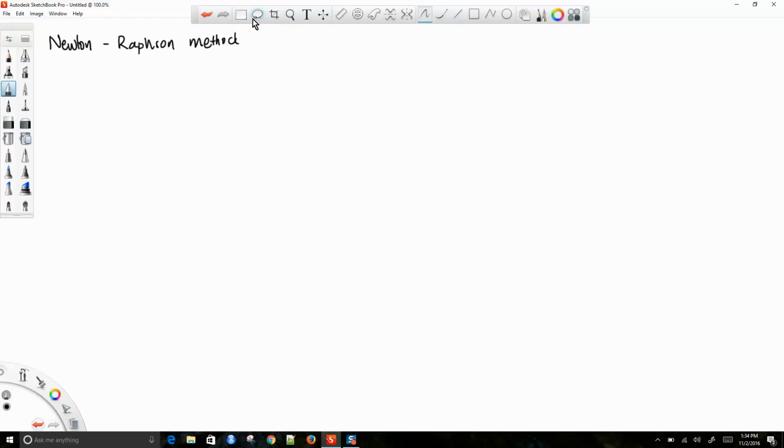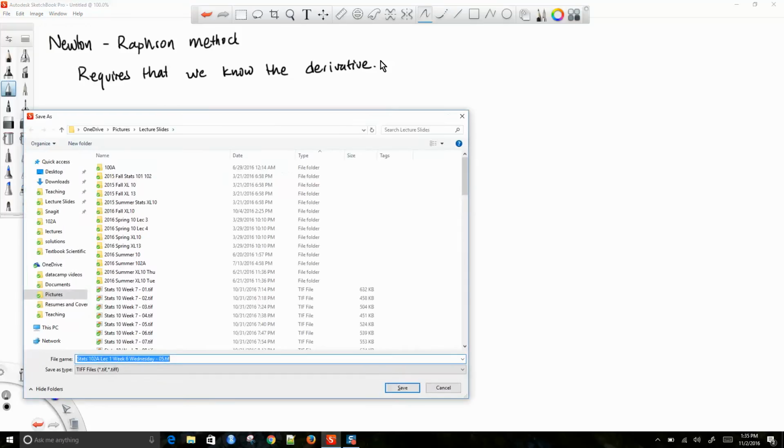What Newton's method requires, though, the drawback here, is that it requires that we know the form of the derivative, which is not always possible, okay?